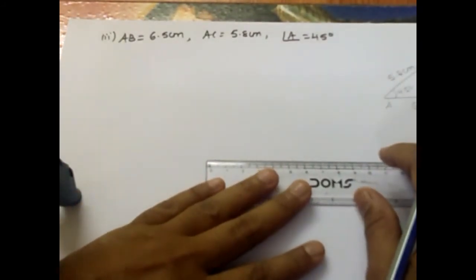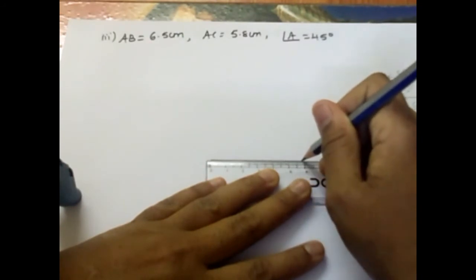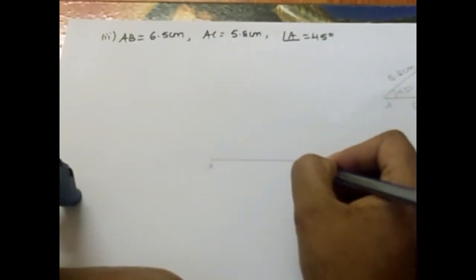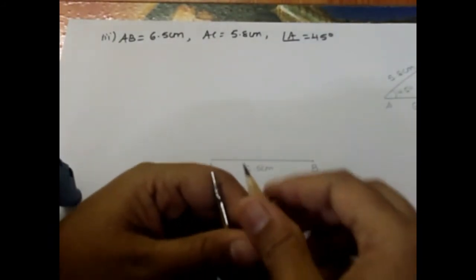How to construct angle 45 degrees? When you bisect angle 90, half of 90 will give you 45 degrees. Kindly focus on how I am going to draw 45 degrees, where the compass will be placed and how the arcs will be cut. After drawing each arc, pause the video, complete your work, come back and then continue.